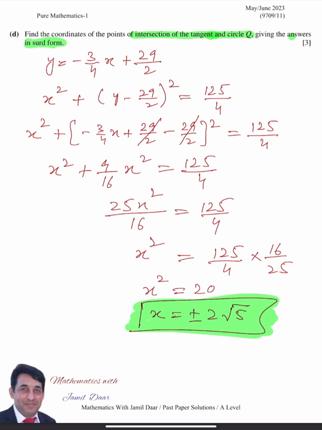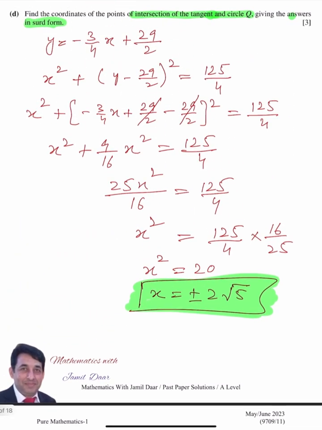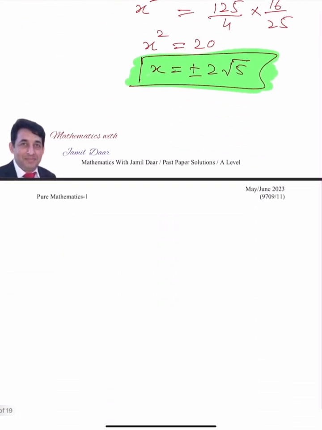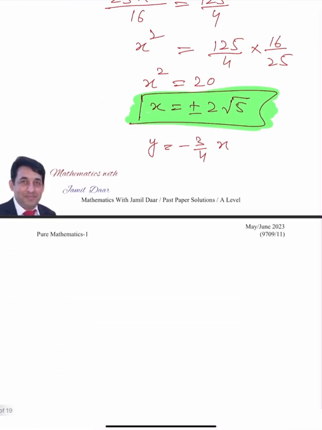Now, as we have to write down the whole coordinate and this is only the x coordinate, we'll use the equation of the tangent, y is equal to minus 3 over 4 x plus 29 over 2.